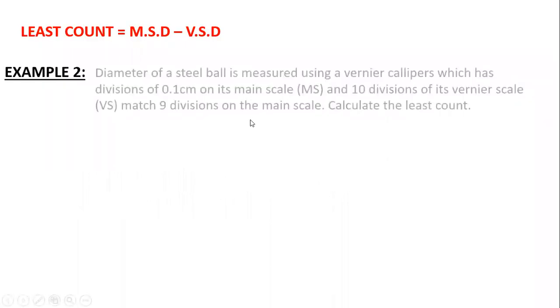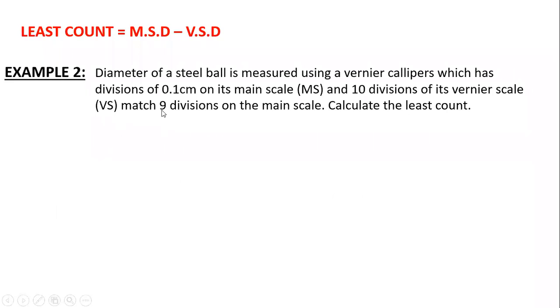If the same question had 8 divisions instead of 9, the answer would have changed. Least count would have changed. So all the time you cannot divide the minimum value by the number of divisions. Is it clear? Yes, sir. So whenever they give this relation, you have to compulsorily use this formula.